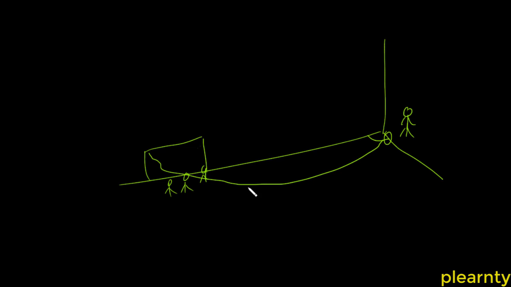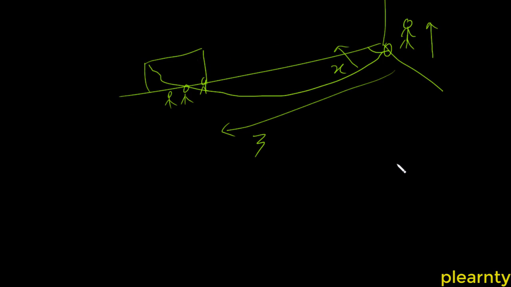So you want the ball to go above their heads. So the ball must move upward in the y direction. The ball must leave this place and go towards the goal post. So the ball must move in the z direction, and the ball must as well go this direction so that it can enter into the goal post. So it must move in the x direction, though this is the negative x direction, but the ball is moving in 3 directions. So we need something that could represent 3 directions.